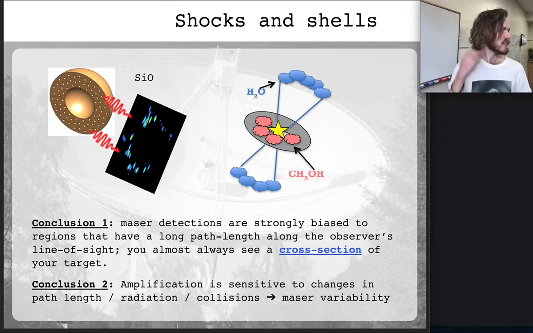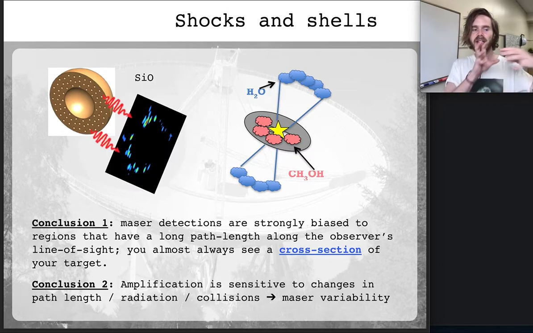And the other conclusion, which is kind of a mini conclusion for the entire talk so far, is that the amplification is sensitive to this path length, so how long the maser is in your direction, the radiation or collision, so the pumping, and so this is going to lead us to maser variability.